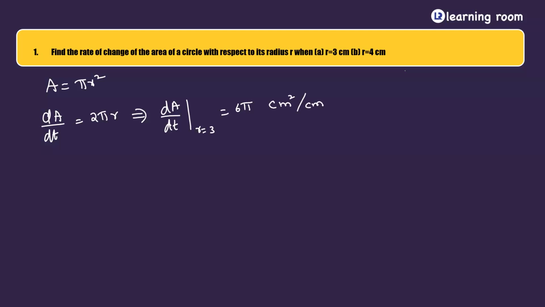Right? Similarly, dA by dr when r is equal to 4 is going to be 8 pi centimeter square per centimeter. Simple problem.